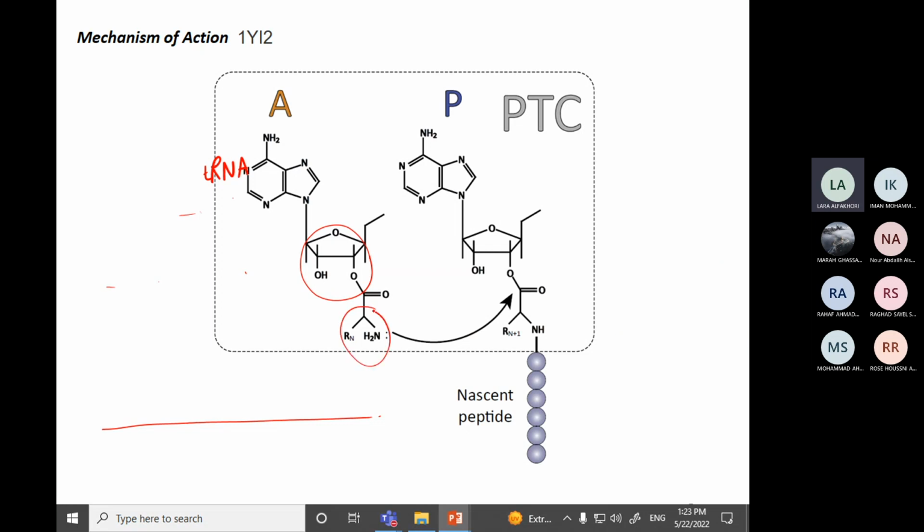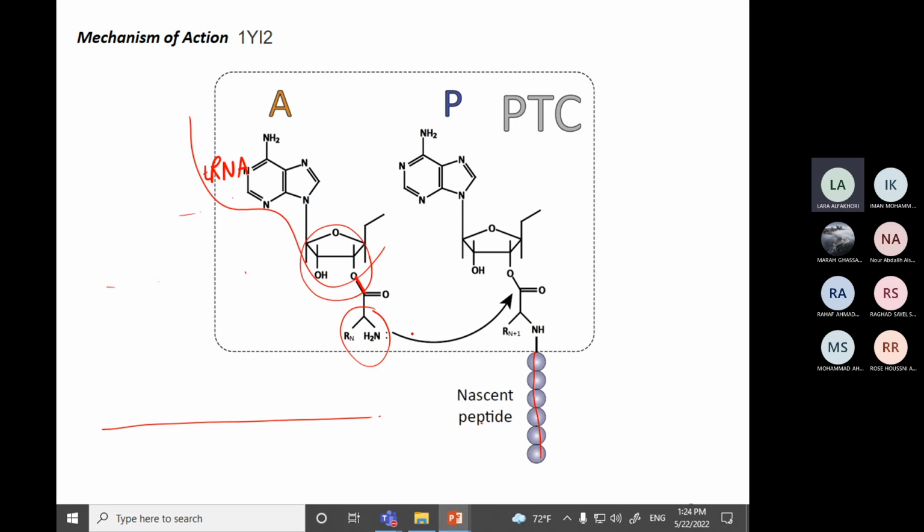The amino acid is linked via an ester bond to the nucleotides that are part of the transfer RNA. Okay, here's the polypeptide that is being synthesized, which is called, before being folded, a nascent peptide. Okay, هلا it's already bound to the transfer RNA اللي كان before via an ester bond.